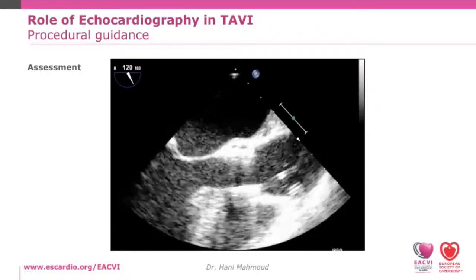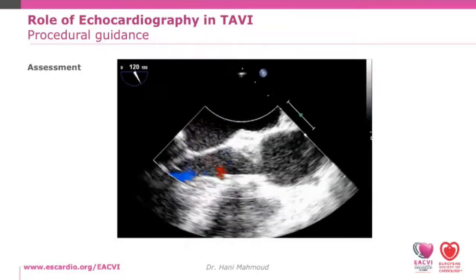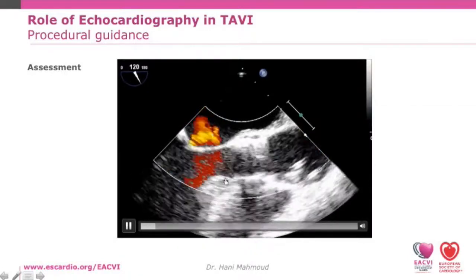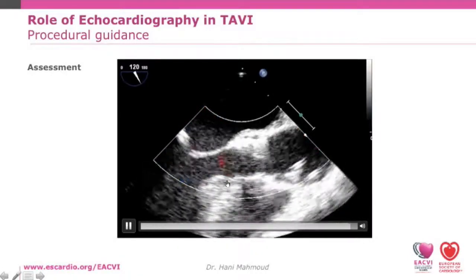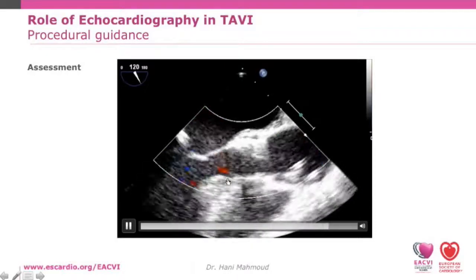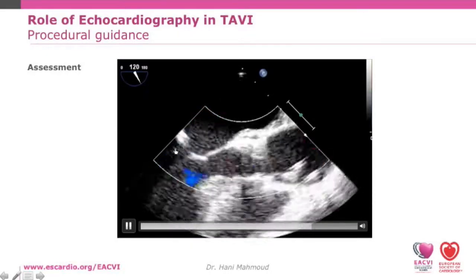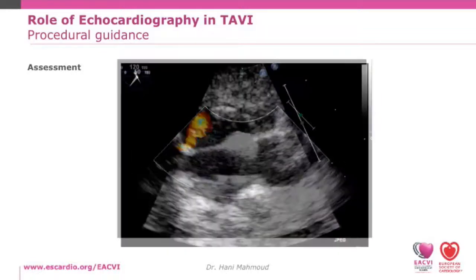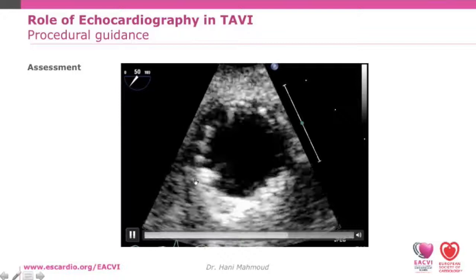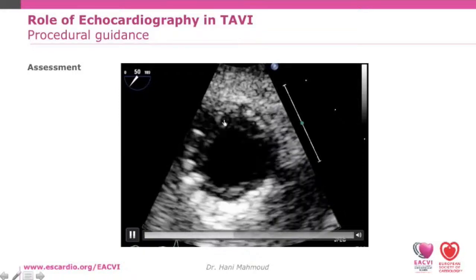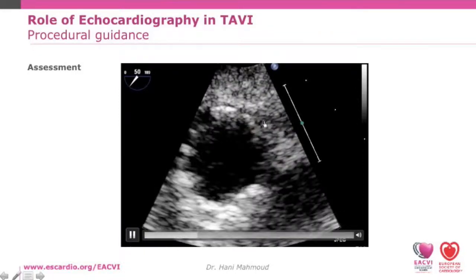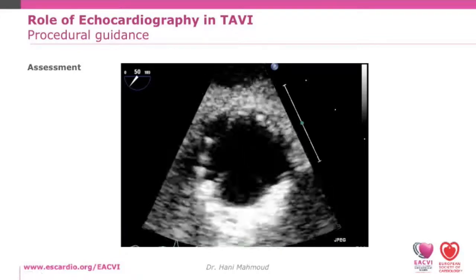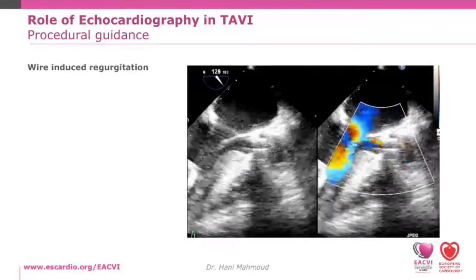Starting from the long axis view, you can put color here that will give you an idea about whether there is any central regurgitation or any paravalvular regurgitation from below the stent. You might notice here there is mild paravalvular regurgitation, and also the mitral regurgitation might increase if some complications happen. The short axis view is very helpful to make sure that there is equal and symmetrical deployment of the stent and also the motion of the three prosthetic cusps.